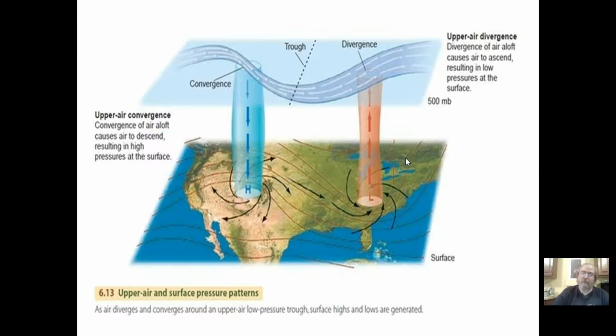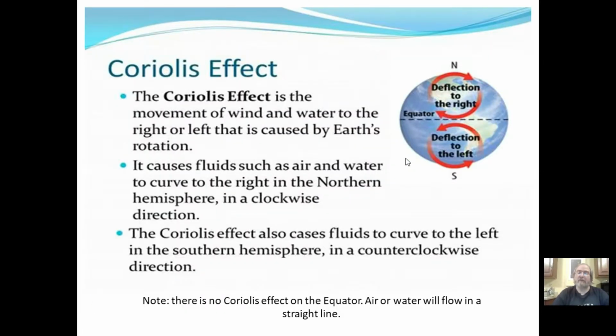I have some more coming on later, but at this point, I wanted to introduce to you what the Coriolis effect is. The Coriolis effect is the movement of wind and water to the right or left that is caused by Earth's rotation. It causes fluids such as air and water to curve to the right in the northern hemisphere, in a clockwise direction.